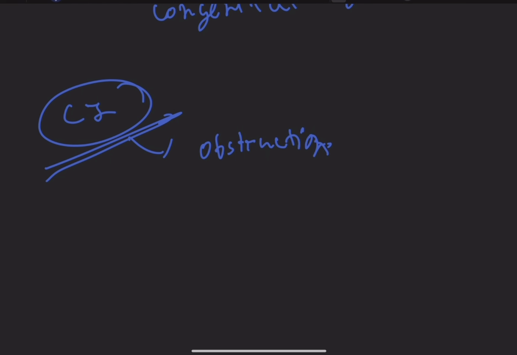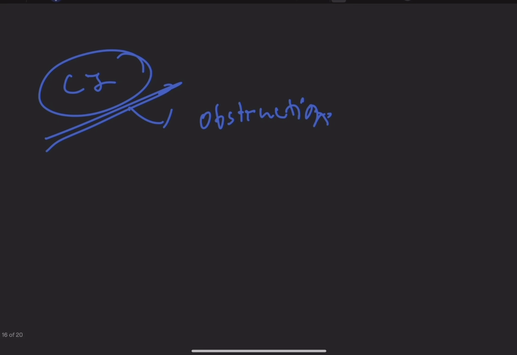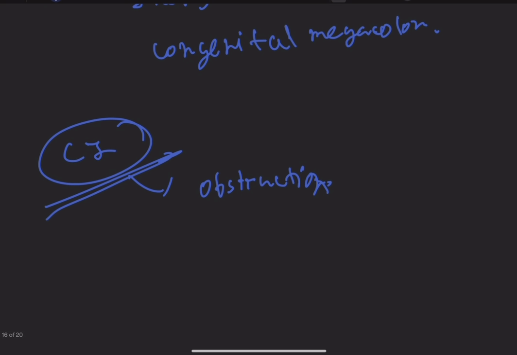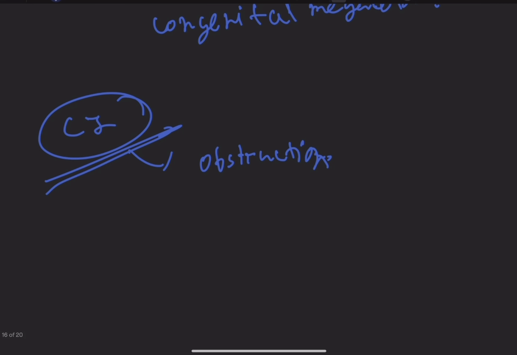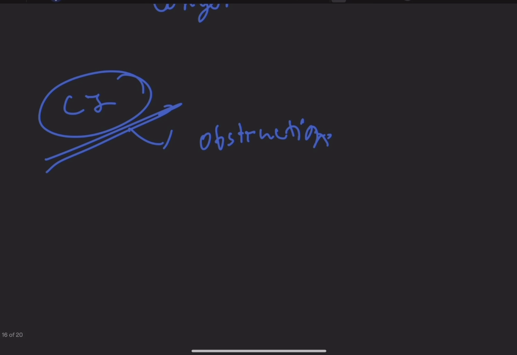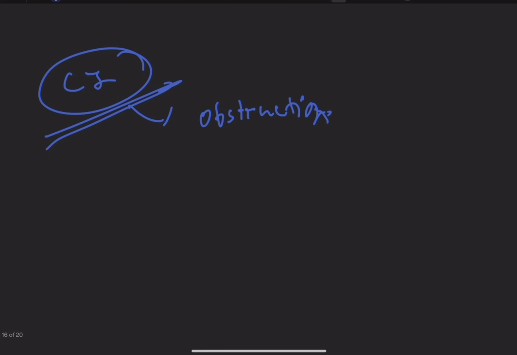So if there is retention of urine, or no stool output due to any obstruction in the gastrointestinal tract, and we use bethanechol, this will increase the motility of the GI tract, and it will increase the contraction of the detrusor muscle. But there is obstruction, right?